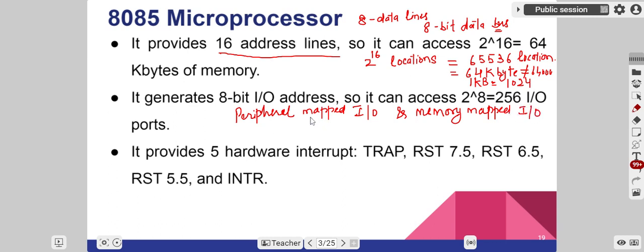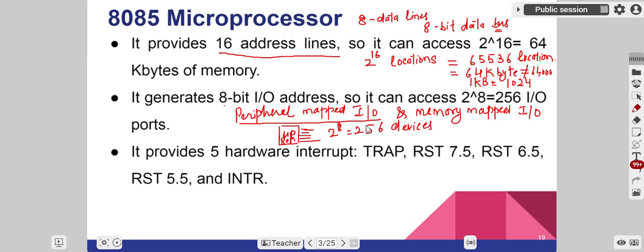For the time being, let us suppose that we are using one of these techniques, which is peripheral mapped input output. For the peripheral mapped input output scheme, if we want to connect input output devices to our microprocessor 8085, then the number of devices which can be connected simultaneously is equal to 2 raised to the power 8, that is 256 input output devices.